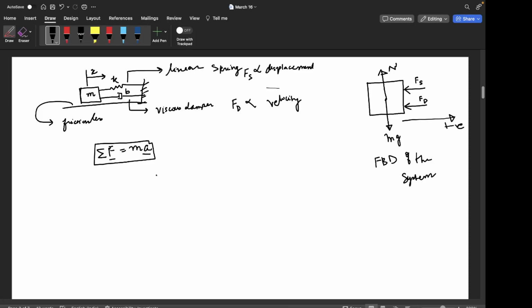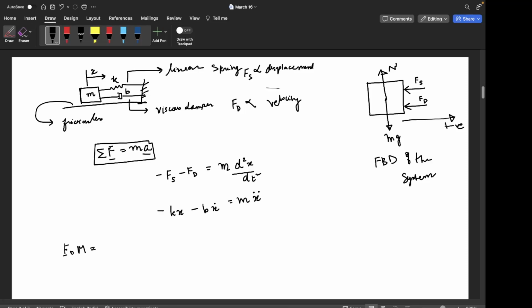So the sum of all external forces, that is minus Fs minus Fd, is equal to mass times acceleration, and acceleration is d2x by dt2. The spring force is, as I said, proportional to the displacement, so minus kx. Fd is b x dot, the damping force, is equal to m, and this we can write concisely as m x double dot.